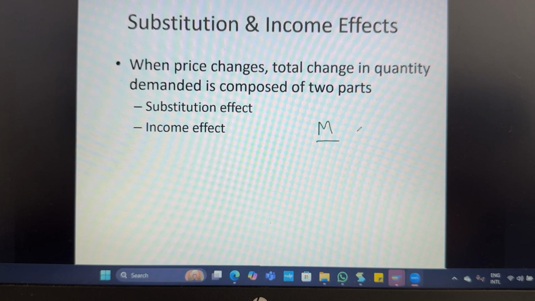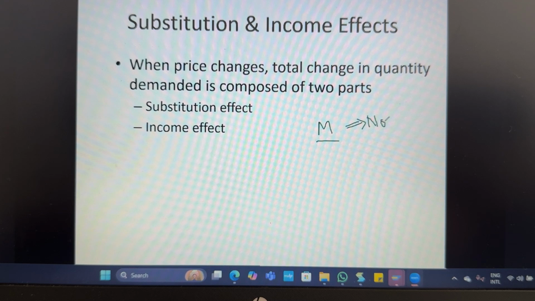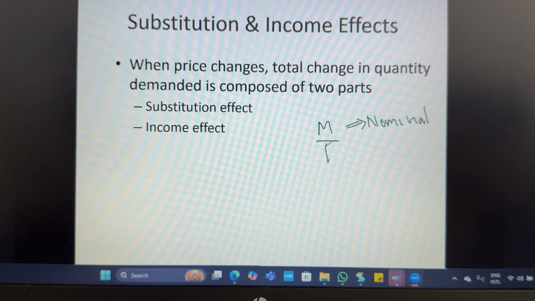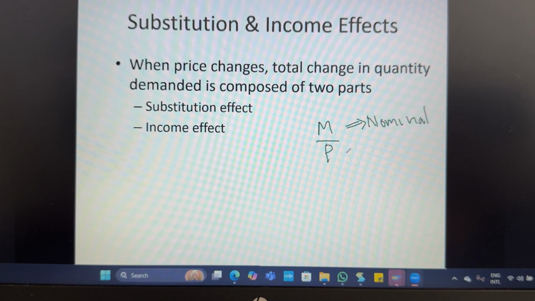This is called nominal income. But this is not that important. Real income is more important. If you divide the nominal income by the price level, the whole thing we refer to as real income.